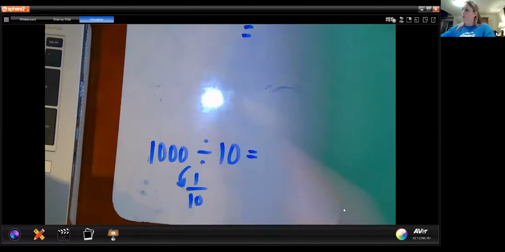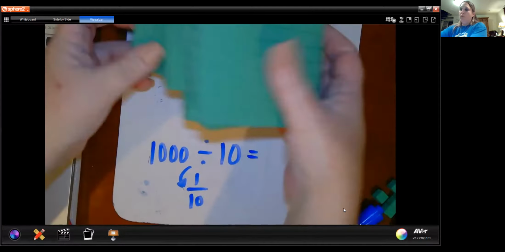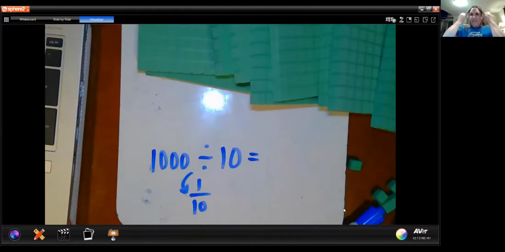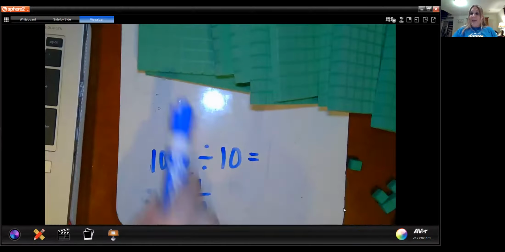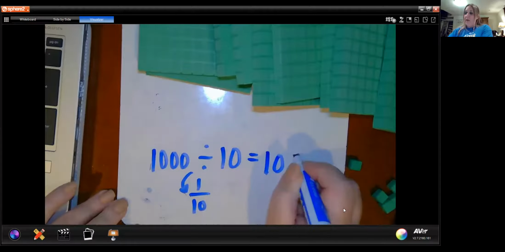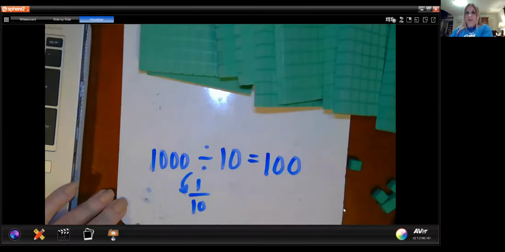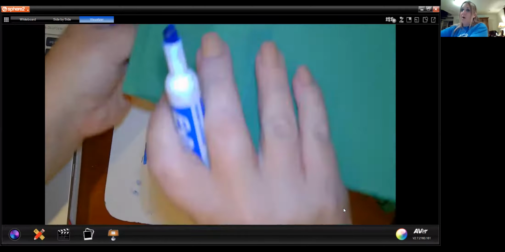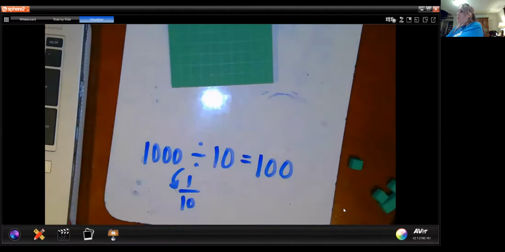Divide by 10. Bloop, bloop, bloop, bloop, bloop. Nice sound effects, Mrs. Hagan. What do I end up with? Well, I end up with a 100 piece, or a flat, because I divided it by 10. So all these guys went away.